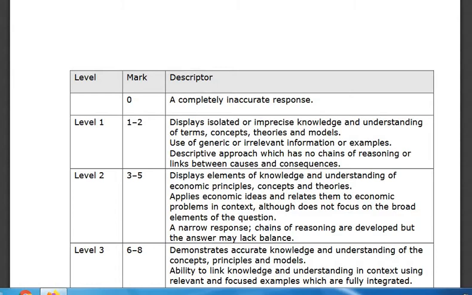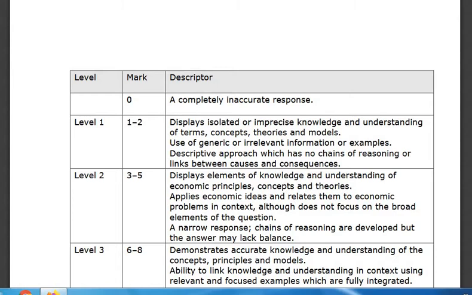The next point in that mark band is use of generic or irrelevant information or examples. So what can happen here is that in my notes I might have taught you about, I don't know, public goods in the context of flood defences, but this question is about TV licenses.